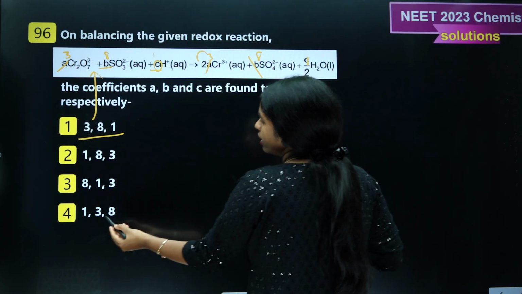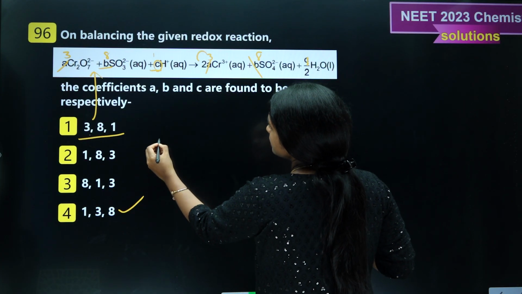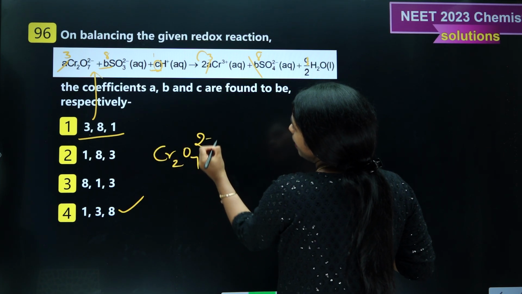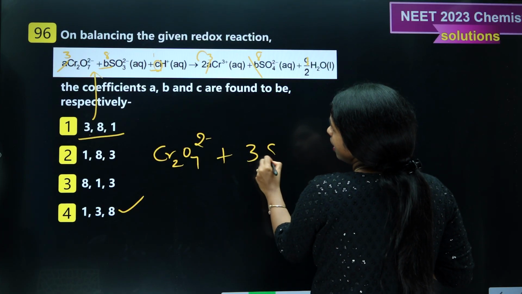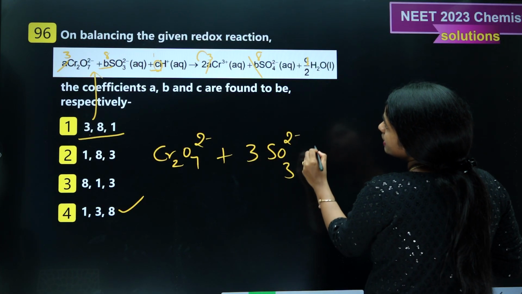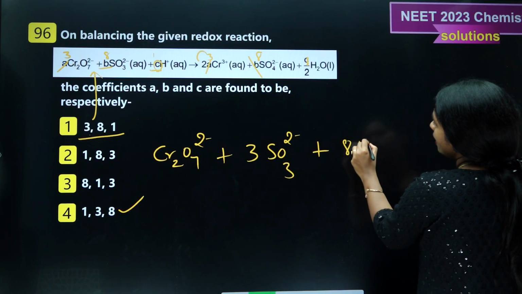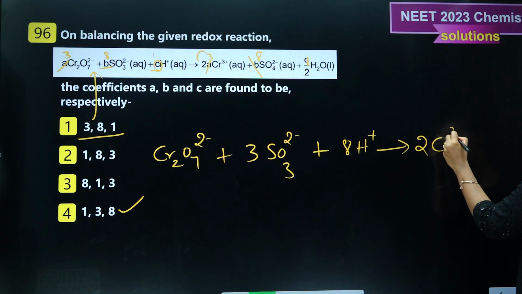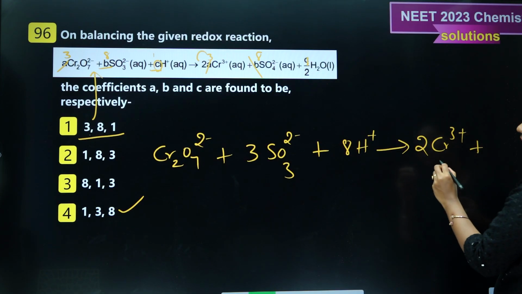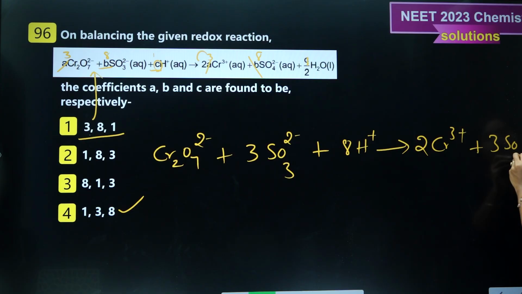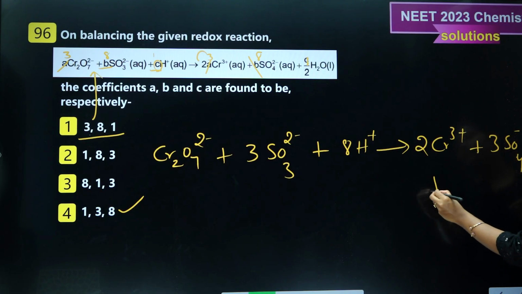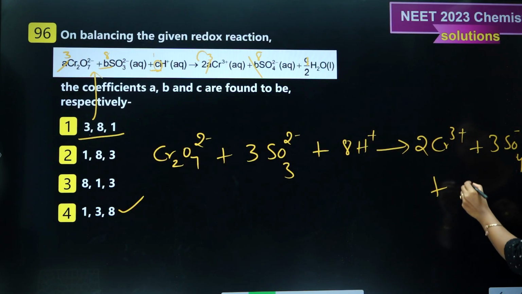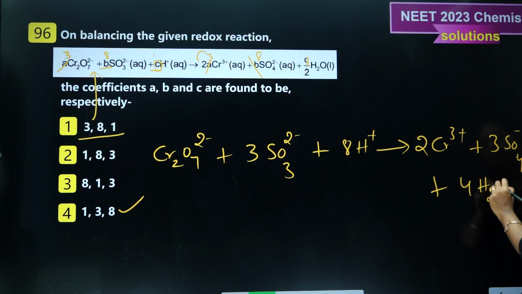So if you keep all that, this option will give you the correct answer, because if you put 1 Cr2O7 2 minus, 3 SO3 2 minus, plus if you keep 8 H plus, 2 ones are 2 Cr3 plus, and if you keep B plus 3, then 3 SO4 2 minus, and then if you keep here 8 by 2, 4 H2O. Now this reaction is balanced.